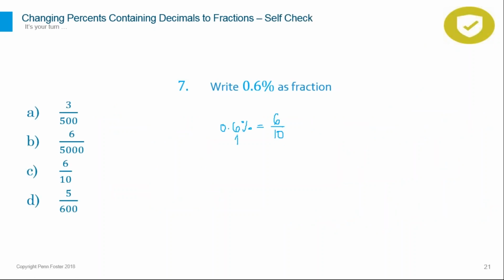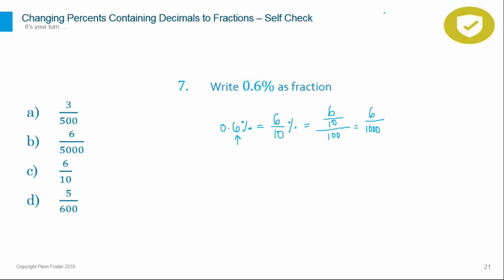Because we have only one place to the right of the decimal point. So 6 over 10 is equivalent to 0.6. Okay, and that is still a percent. To get rid of the sign, divide over 100. 6 over 10 over 100. A complex fraction, we know what to do. 6 over 1,000. To multiply 10 times 100, that would be 1,000.